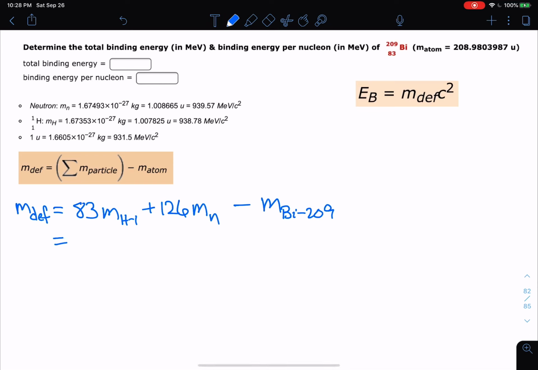Now, we're going to use atomic mass units because that's what the mass of the atom was given to me in.